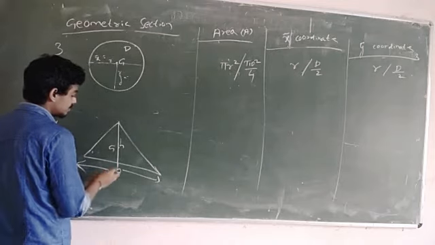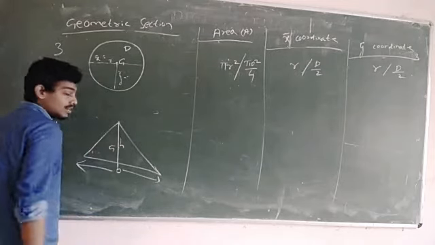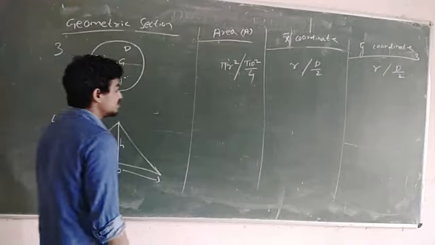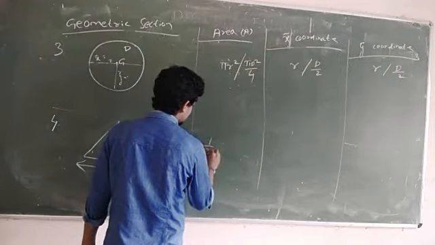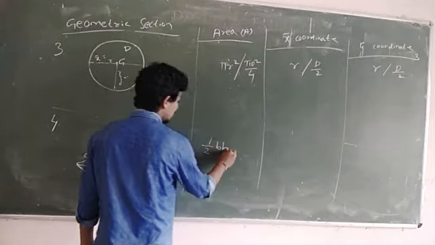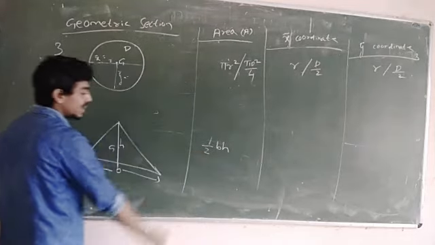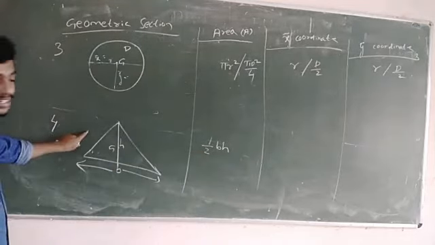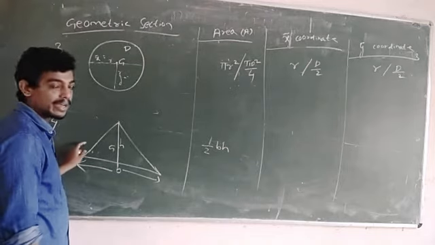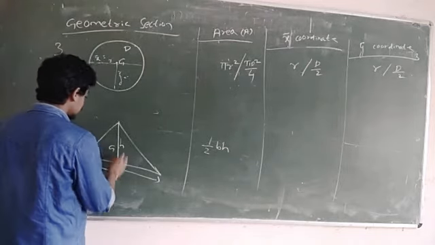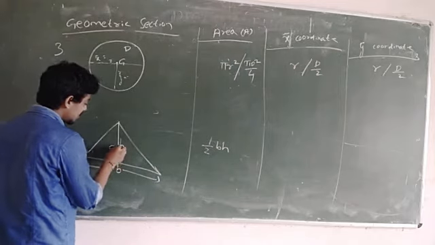The area will be the same formula, half into base into height, the same as the right angle triangle. So the area value will remain the same.